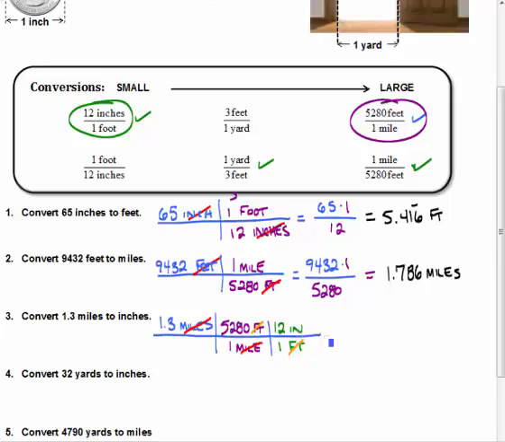So inches will be the correct measure, and I'll just basically have to do 1.3 times 5,280 times 12. And everything in the denominator is just 1, so 1 times 1 will just be 1, and it won't change anything, but I'll go ahead and write that still so we have it. All right, so I just multiply everything across the top, multiply everything across the bottom, and divide the two.